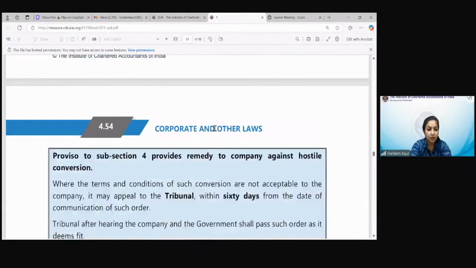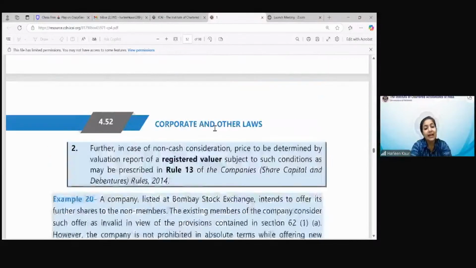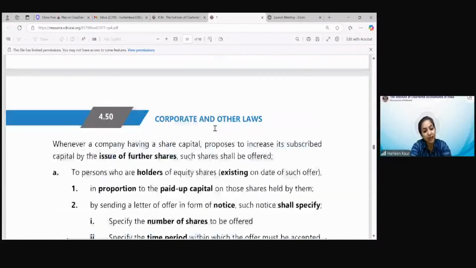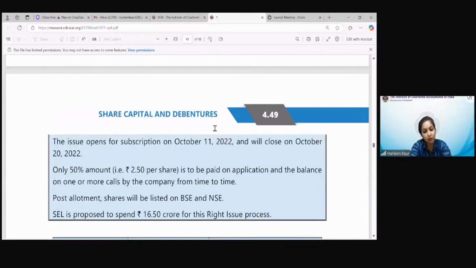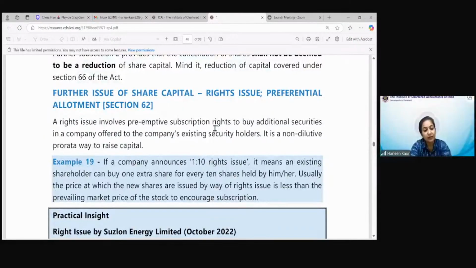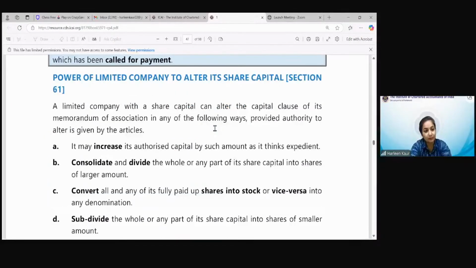So here we are, section number 62. Again, as we have been reading each and every line from the study material, here also we will be covering each and every line from the module as well.